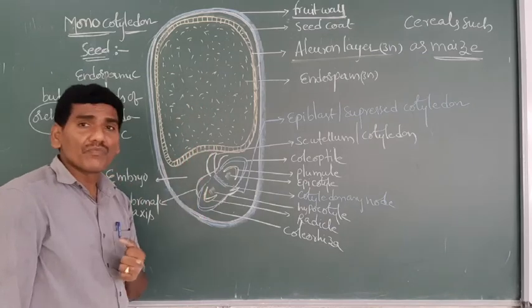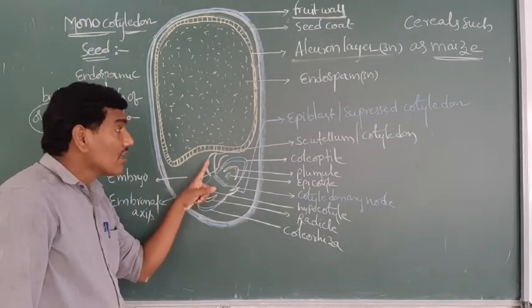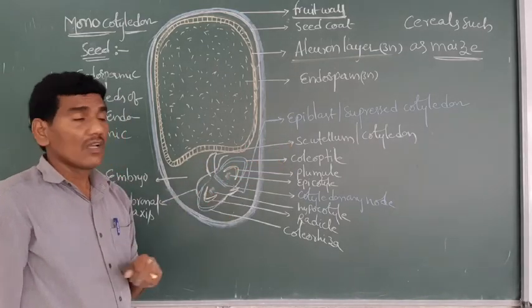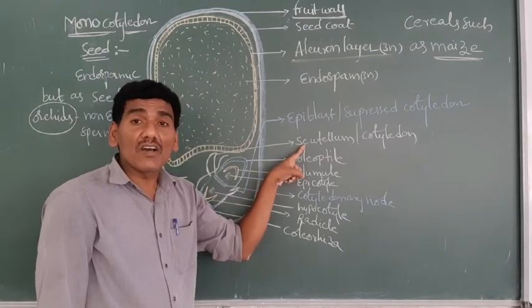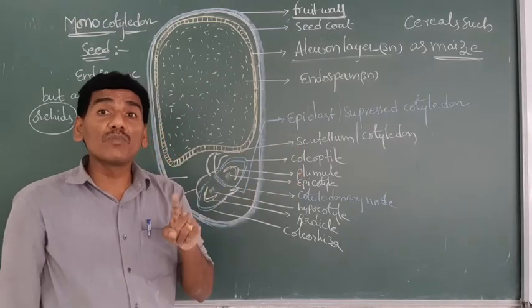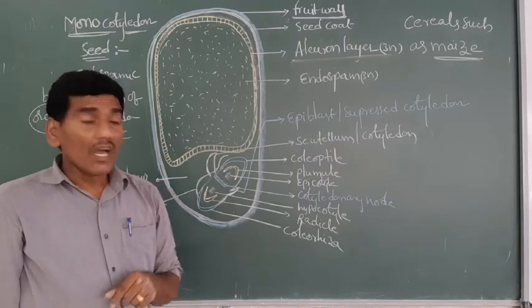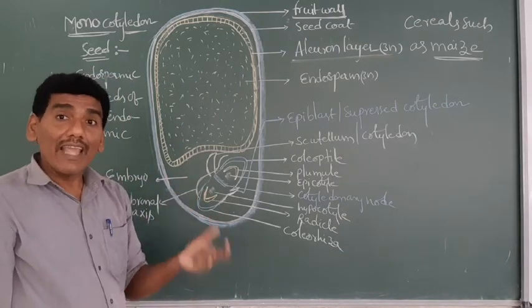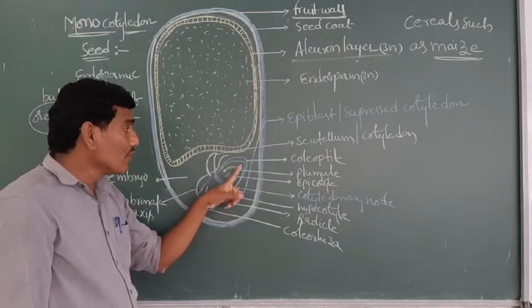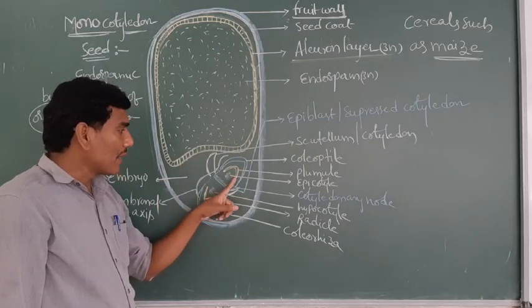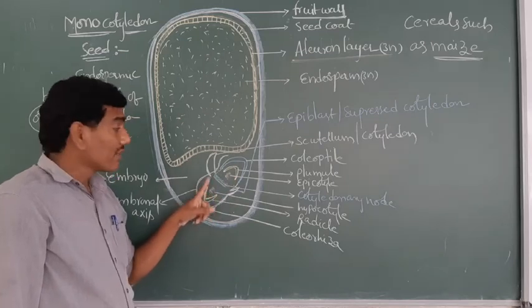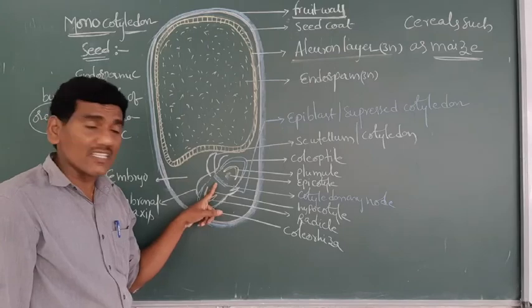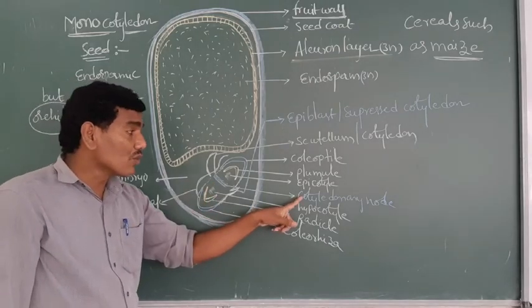The ploidy of the scutellum is 2N. Along with the scutellum, the embryo consists of an axis with plumule, radicle, epicotyl, and hypocotyl. The cotyledon develops at the point of the embryonal axis called the cotyledonary node.